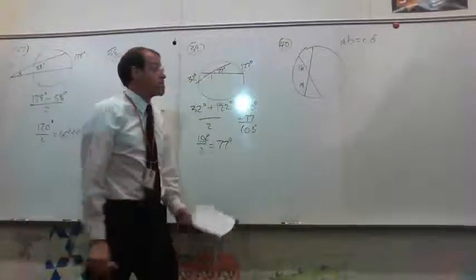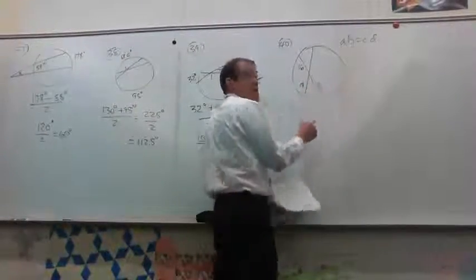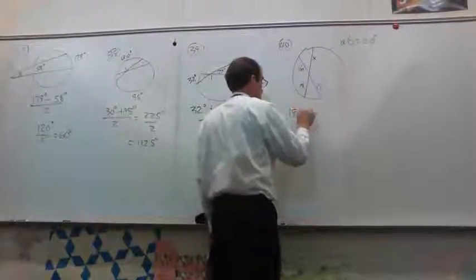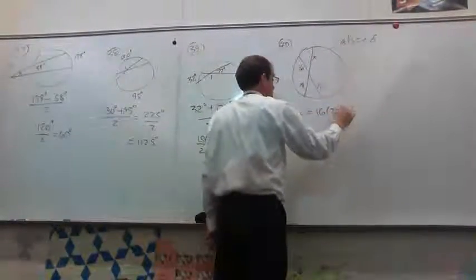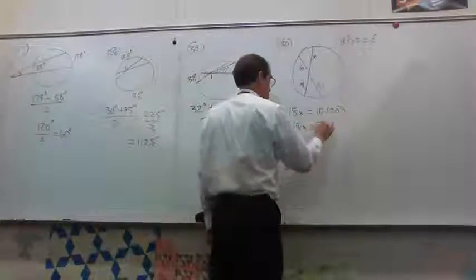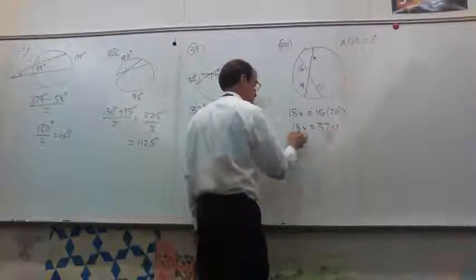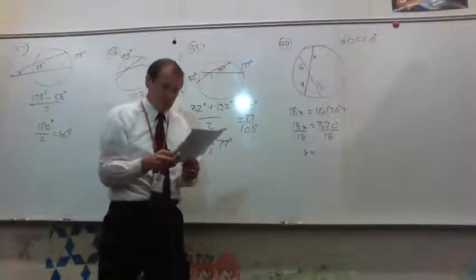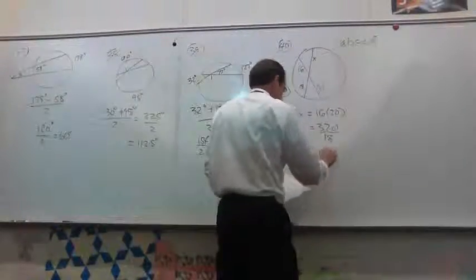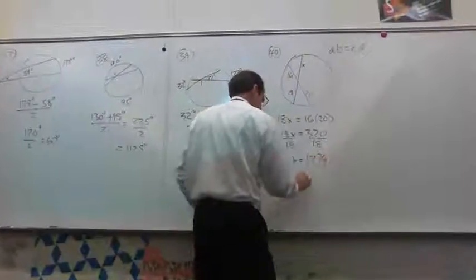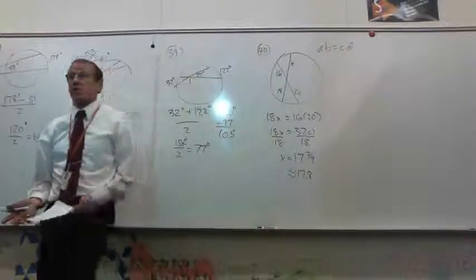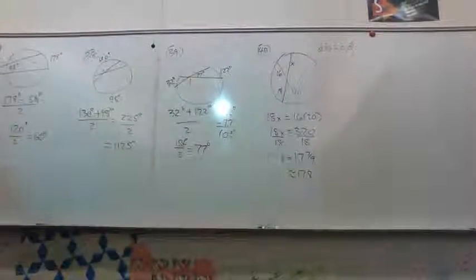So we'll put 18x equals 16 times 20. That means 18x equals 320. Divide both sides by 18. 17 and 7/9 as a decimal would be about 17.8 or 17.78, depending on how many decimal places you take.